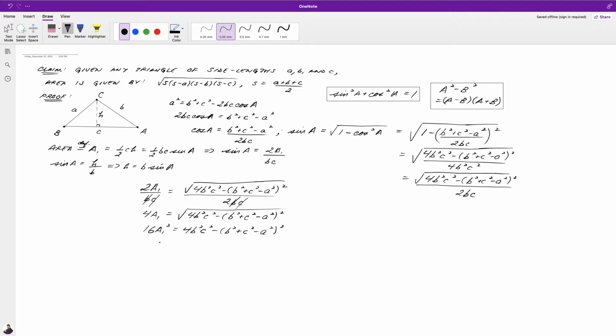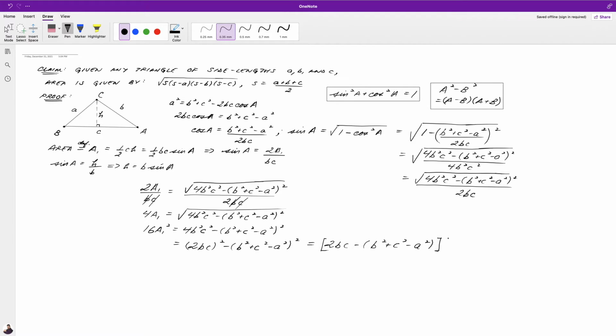Now, this is a difference of squares, and I can actually write this here as 2bc all squared minus the quantity b squared plus c squared minus a squared all squared. Okay? And I can actually think about this here as 2bc minus b squared plus c squared minus a squared.